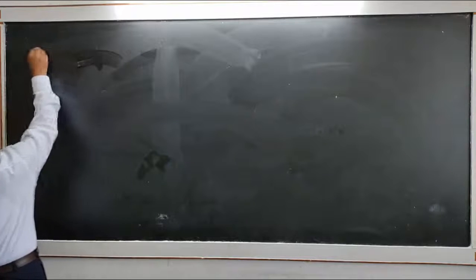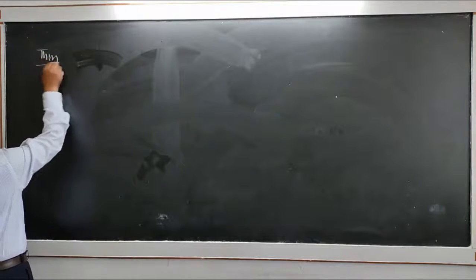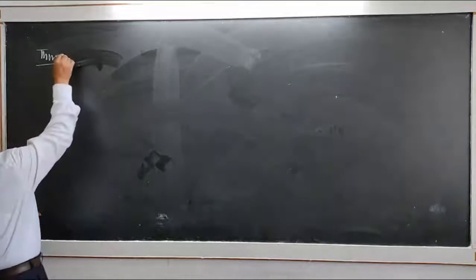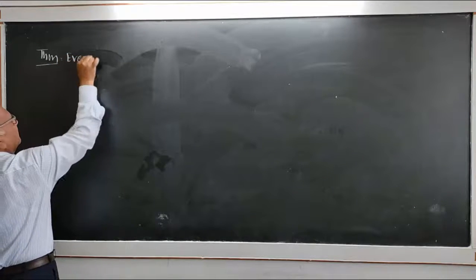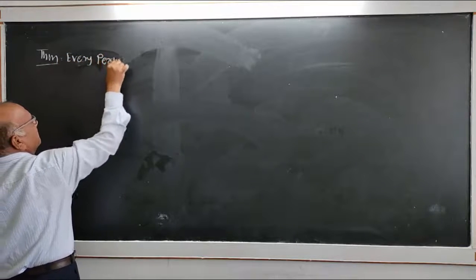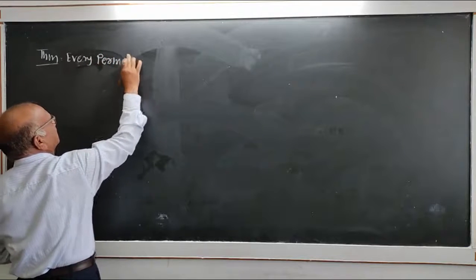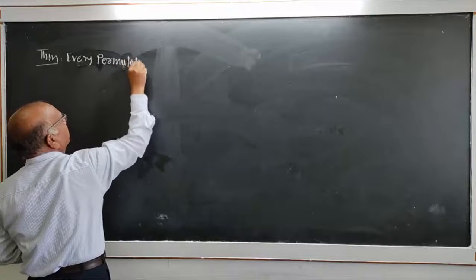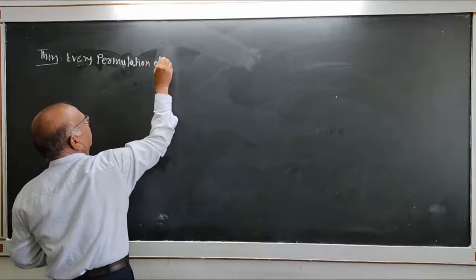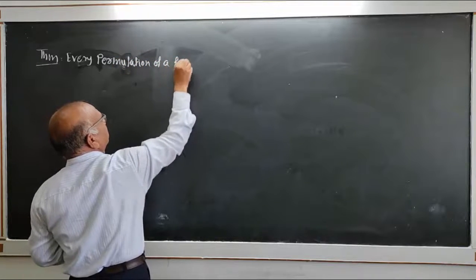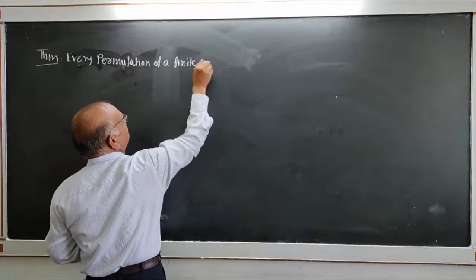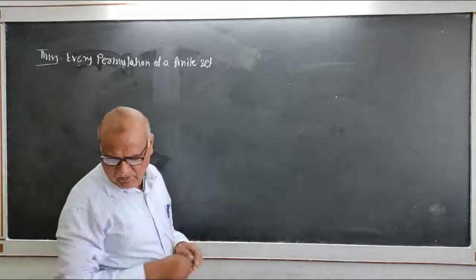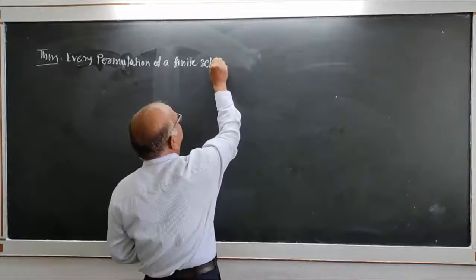Theorem: every permutation of a finite set is a product of disjoint cycles.